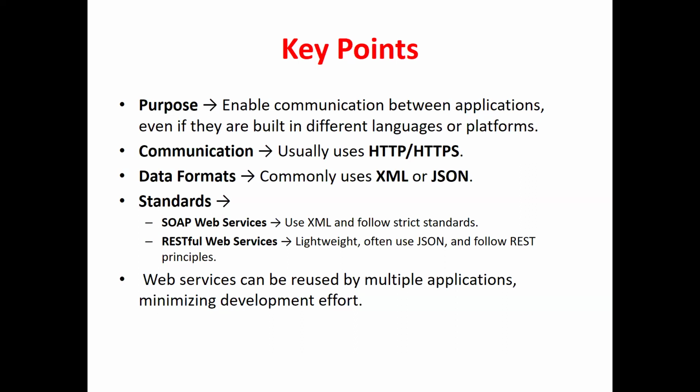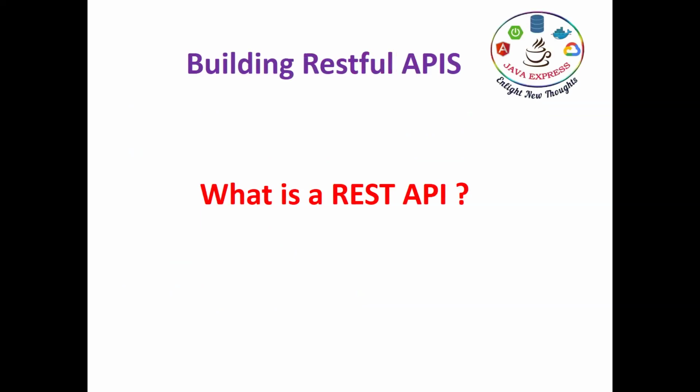That weather information is a kind of web service that can be reused by multiple applications. That means it is a reusable component where multiple applications can use your application, minimizing the development effort. That's why REST APIs are important. Even in real time, whenever you are developing any application, we develop using REST APIs only.